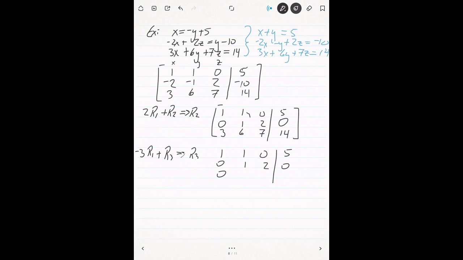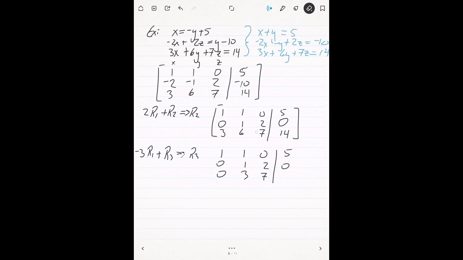Now let's take 1, multiply it by negative 3, and add it to 6. 1 times negative 3 is negative 3. Negative 3 plus 6 is a positive 3. Then we can do the same thing with the 0, but that's not going to change anything, because 0 times negative 3 is 0, plus 7 is just 7.